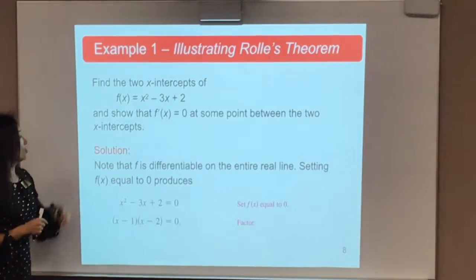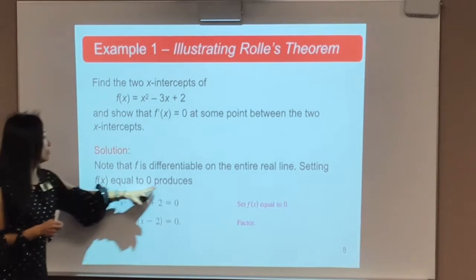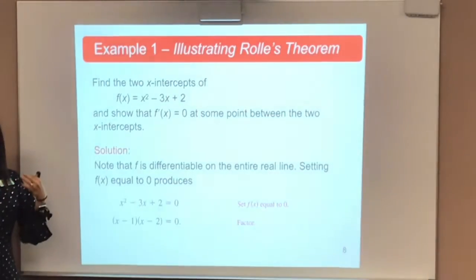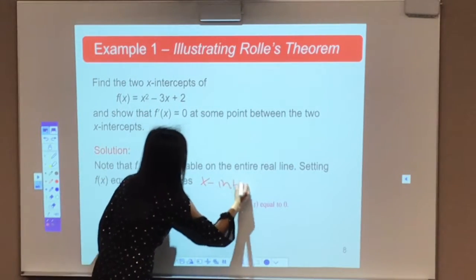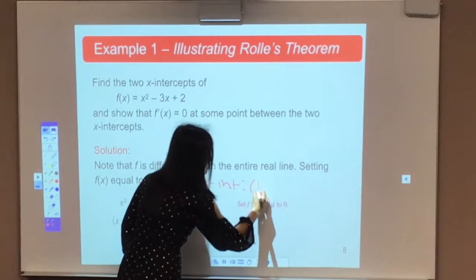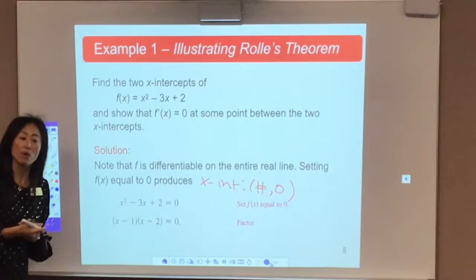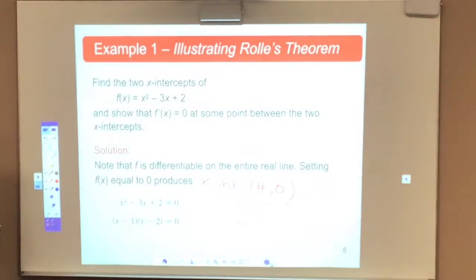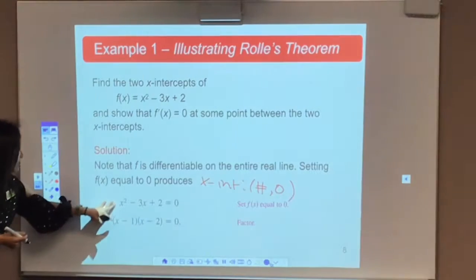Note that f is differentiable on the entire real line. Setting f of x equal to 0 produces the x-intercepts, right? X-intercept means you have some x, but y has to be equal to 0. So I'm going to set this equal to 0. Then you're going to factor this.